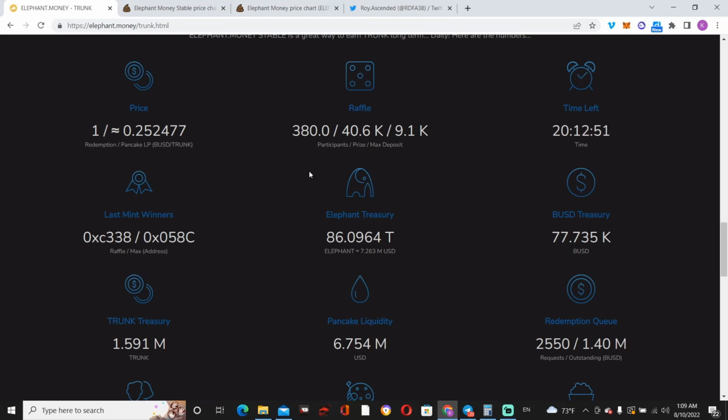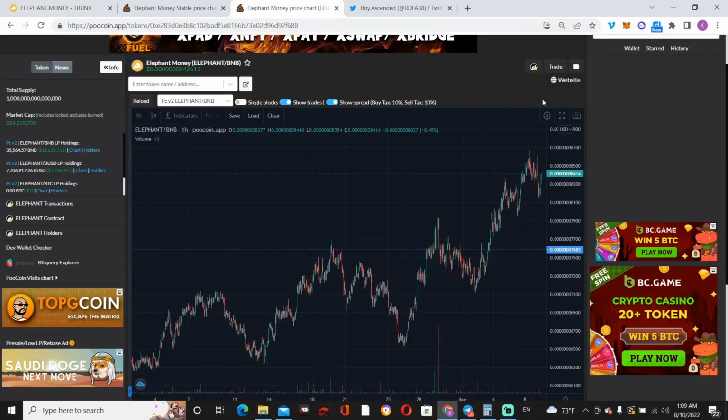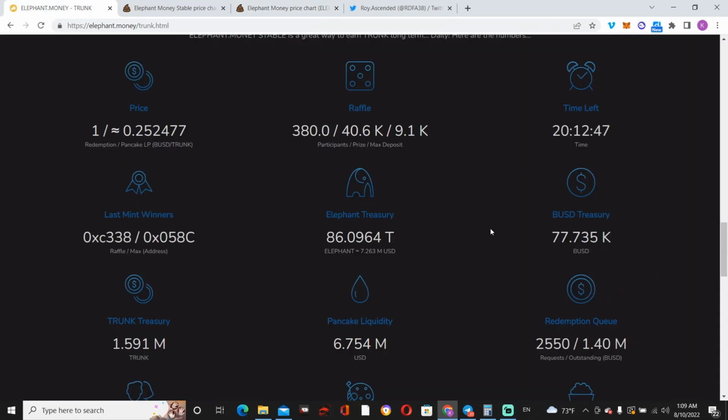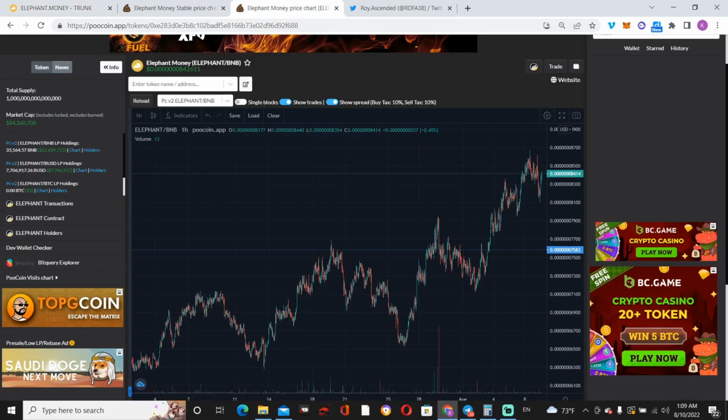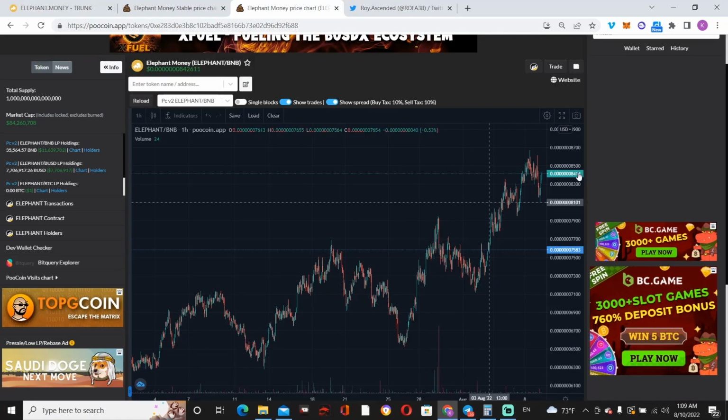This will go back, buy Elephant, and then grow the treasury to support Trunk getting back to peg, and also support the people who redeem their Trunk at the 1-to-1 ratio. Now, it's clear that it's working. Look at the Elephant chart, right?